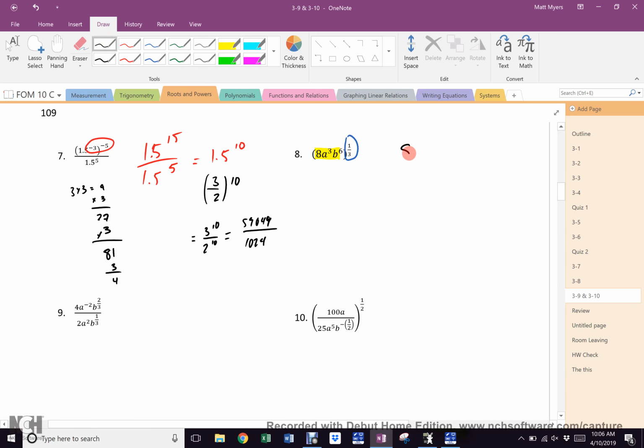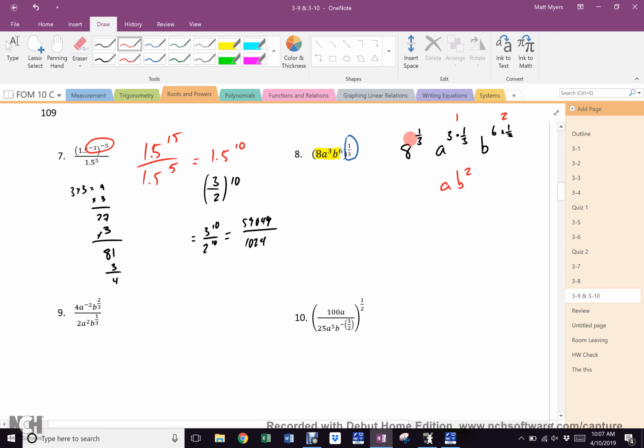So I would have 8 to what power? 1/3. A to what power? 3 over 3, which is 1. Why is it 1? Because it's 3 times 1/3. And what would B be? It would be 6 times 1/3, which would be 2. So this would be A to the 1 and B squared, right? So I know it's going to be A, B squared.